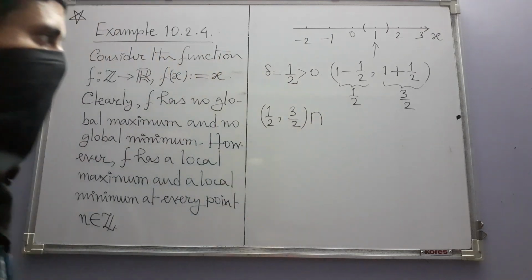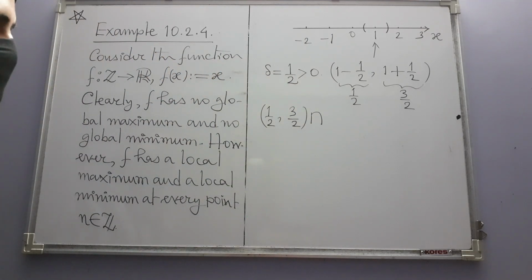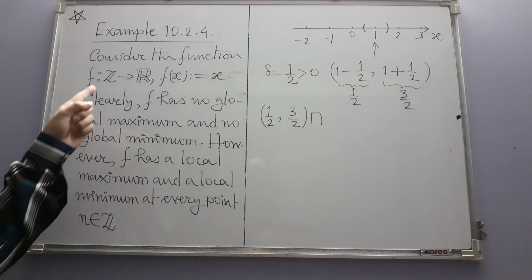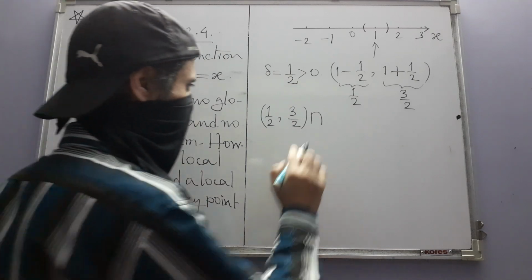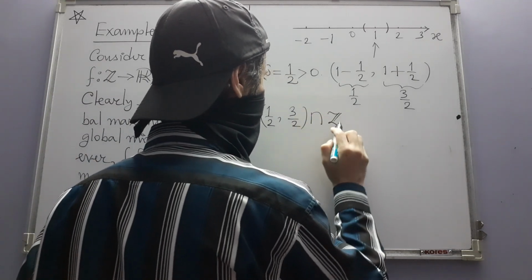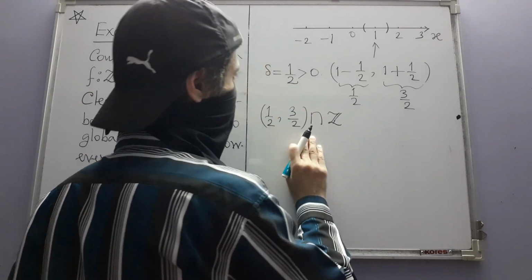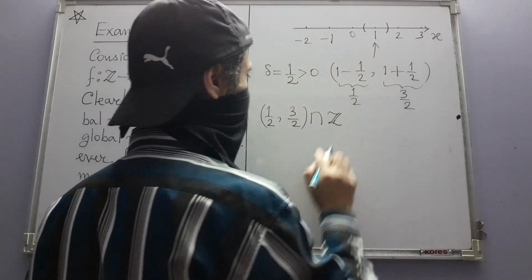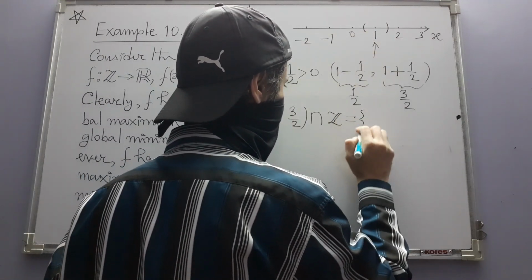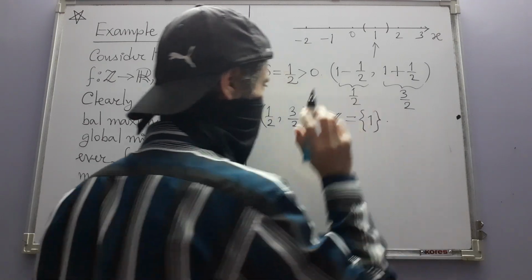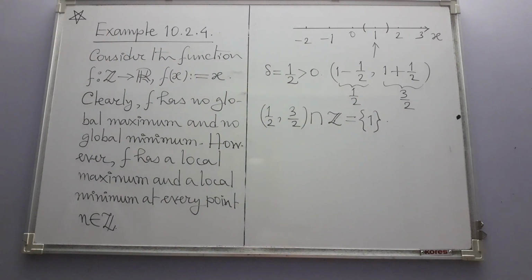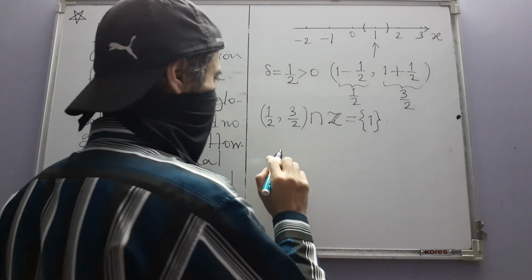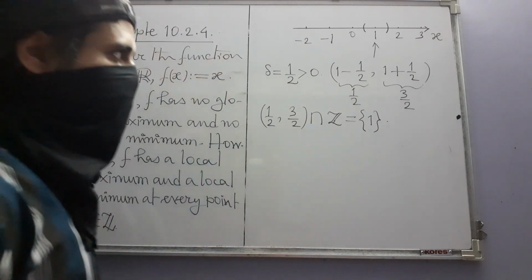Now let me take its intersection with the domain of the function. The domain is the set of integers. Within this interval, what are the integers? Only one integer, that is 1. Now, what does it mean?